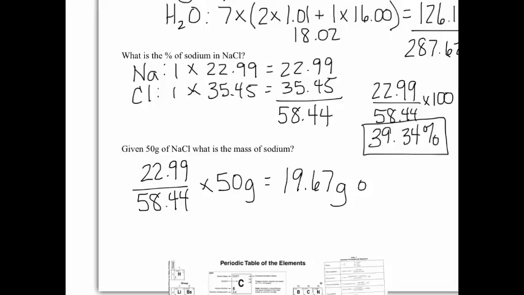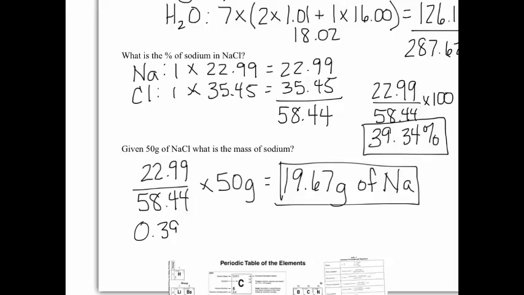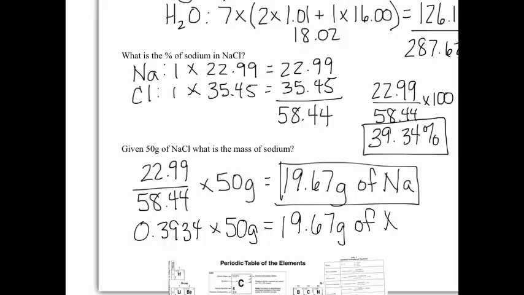You could have also done it using the percent that you just figured out. Just move your decimal place 2 to the left, so you get 0.3934 times the 50 grams, and you'll end up with the exact same number that I got using the proportion. The only reason I prefer the proportion is because most of the time it's not two separate questions like this.